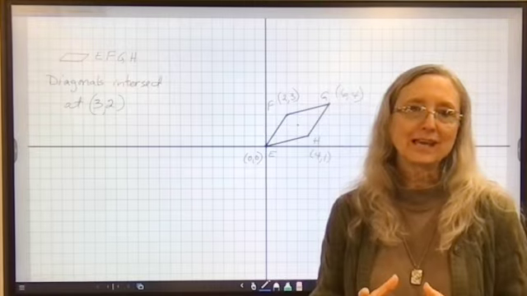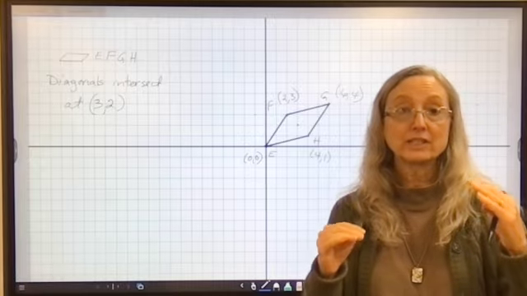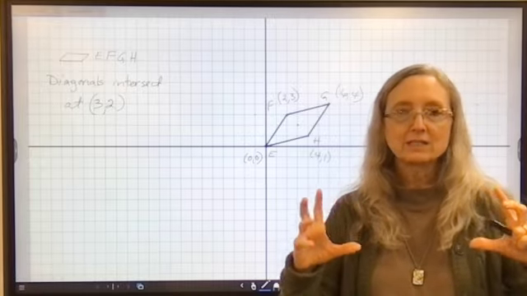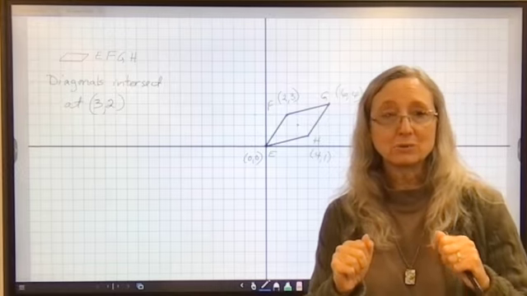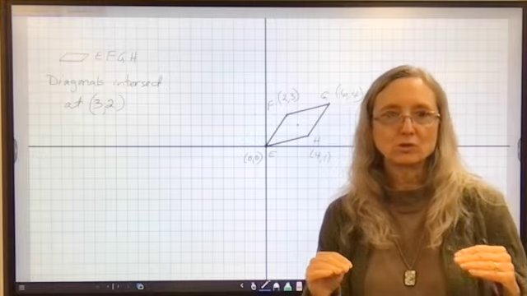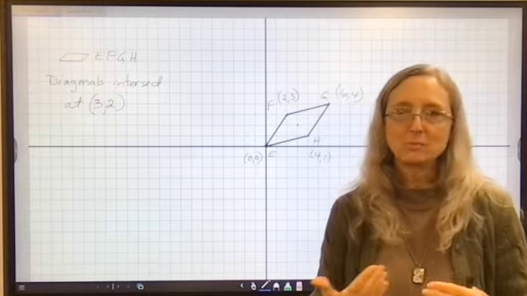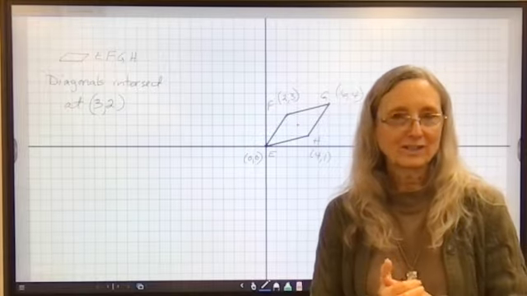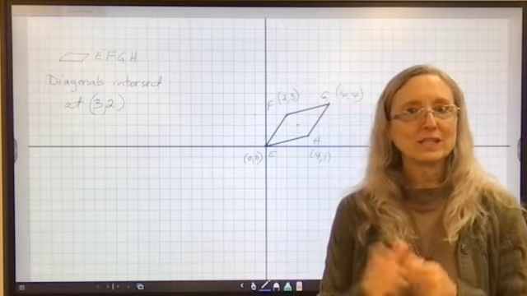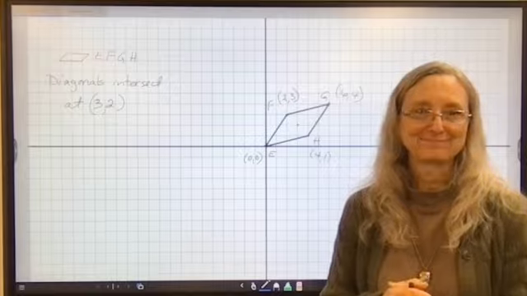The advantage to doing that is you're looking at relationships between different points and different figures that will be true no matter what the number is. If you can show it's always true with the letter, then no matter what number I replace that letter with, it will still consistently work. That's how formulas work. So let's look at that next.